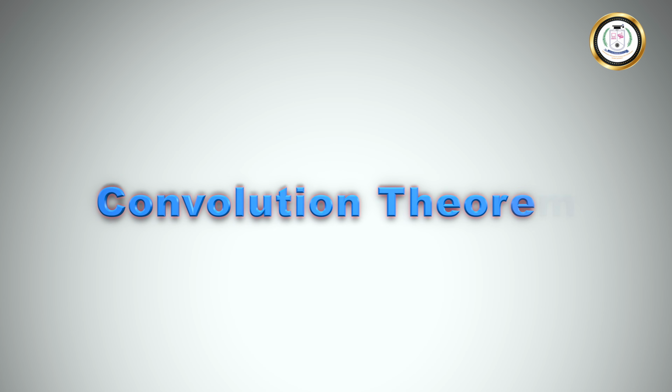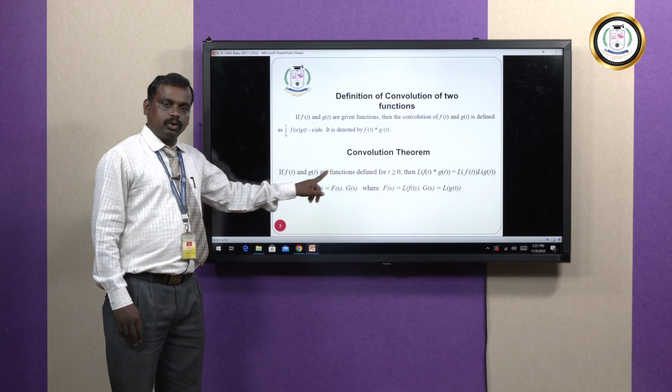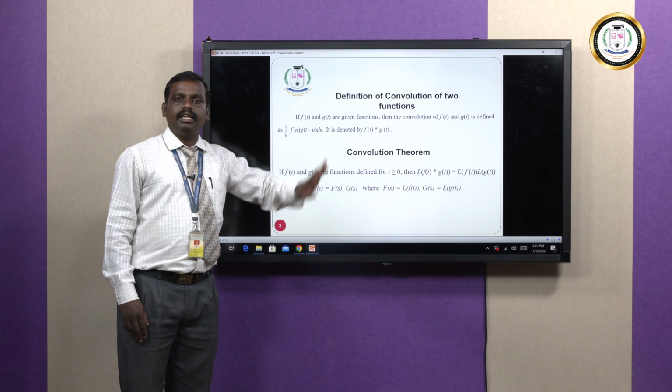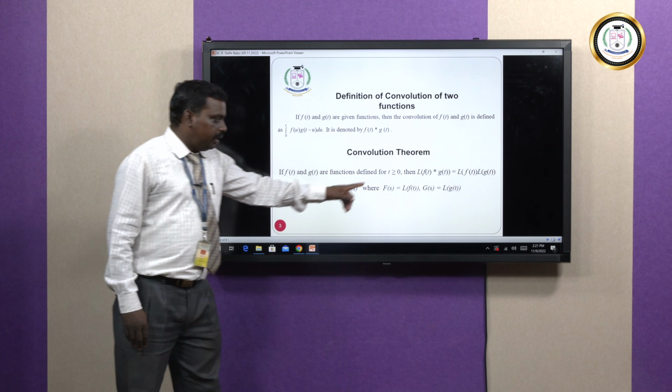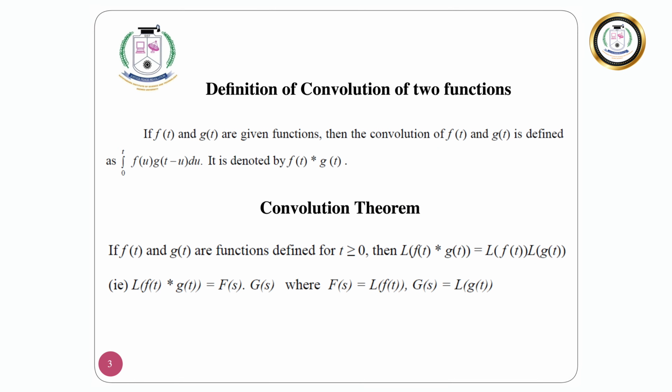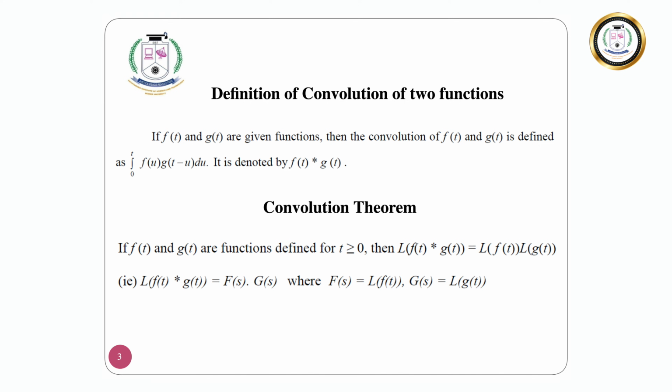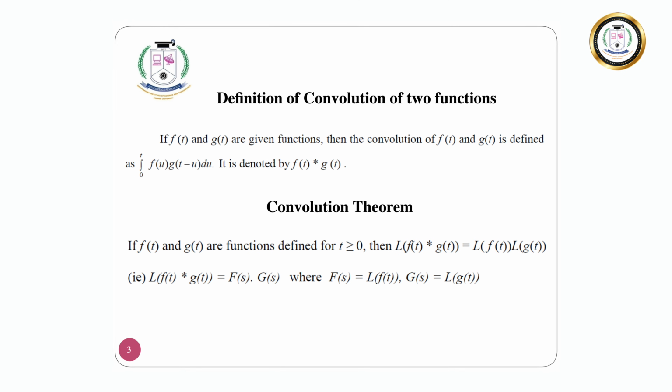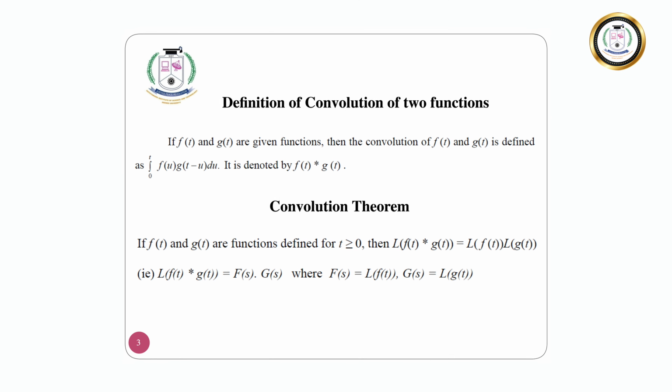Now, the next, convolution theorem in Laplace transform. See, if f of t and g of t are two functions defined in the positive interval, then the Laplace transform of f of t convolution g of t is equal to L of f of t into L of g of t.